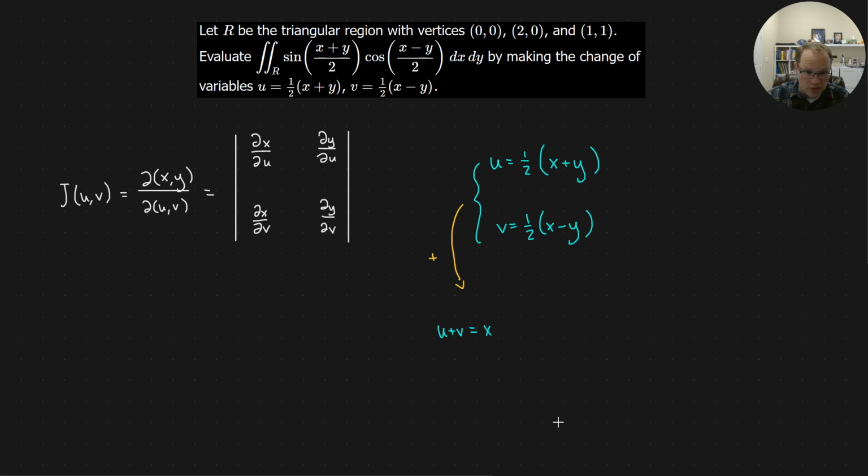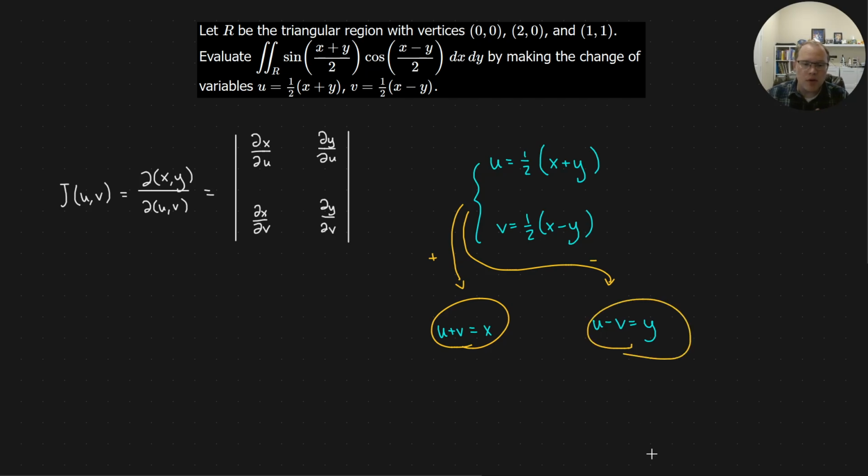So x is just u plus v. And if I subtract them, then I get u minus v is equal to a half x minus a half x goes away. Half y minus negative a half y becomes y. Okay? So by adding and subtracting the equations, we could solve for x, we could solve for y.